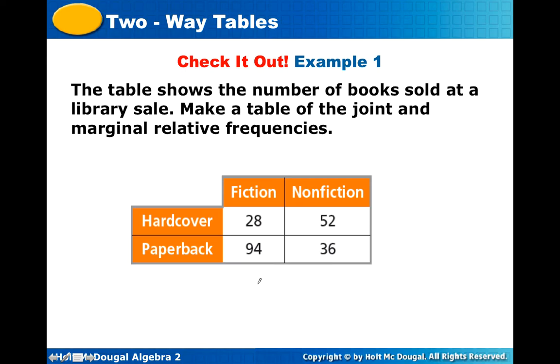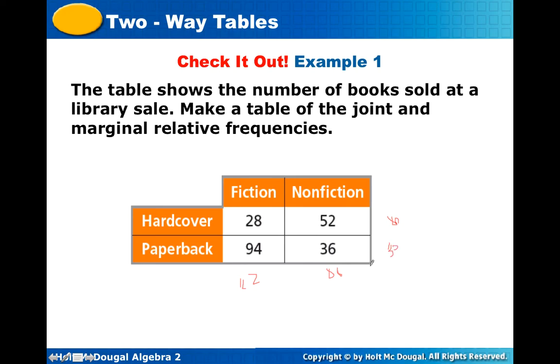So 28 plus 94 is 192. 52 plus 36 is 88. I am terrible with this little pen, I'm sorry. 28 plus 52 is 80. And 94 plus 36 is 130.